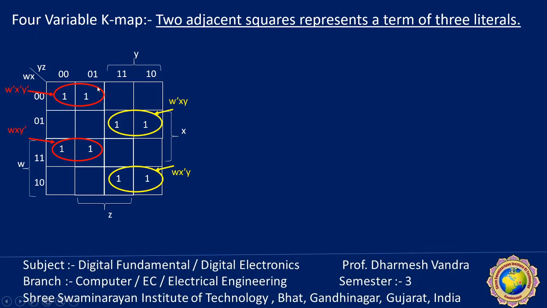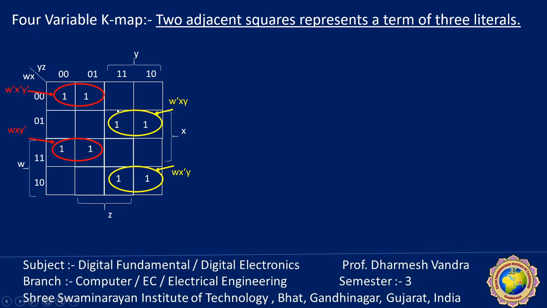The common thing between these two cells is that W is 0, so W dash, X is 0, so X dash, Y is 0, so Y dash. Like this one, the second red circle, 1, 1: here W is 1, so W, X is 1, so X, but Y is 0 in both cells, so it will become Y dash. Two adjacent cells give 3 literal functions, like the first red circle is W dash X dash Y dash. This below red circle is WXY dash.